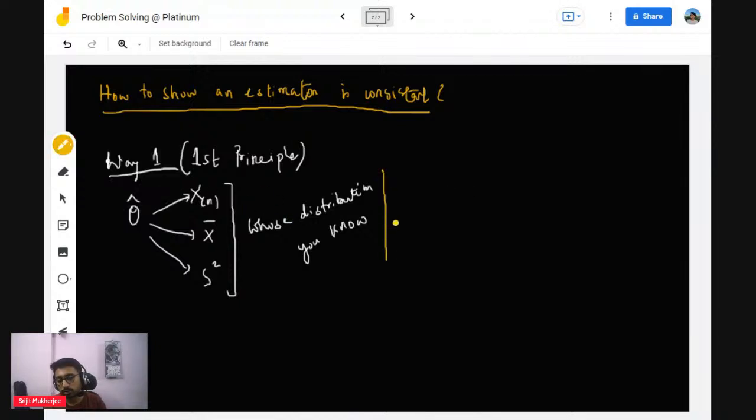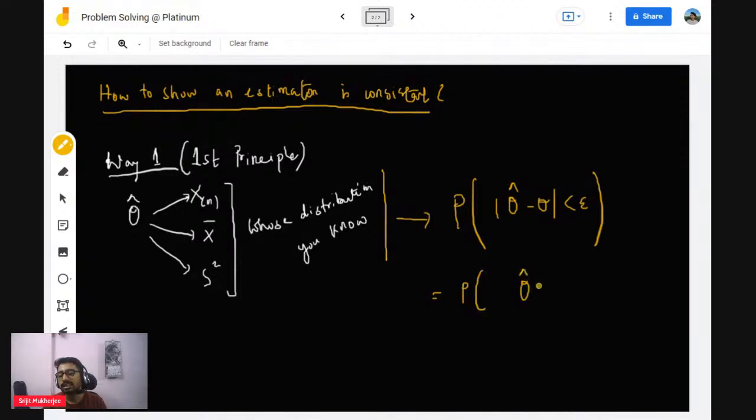If you know the distribution, then you can calculate the probability that |theta hat minus theta| is less than epsilon, which is equal to the probability of theta hat less than theta plus epsilon and greater than theta minus epsilon.